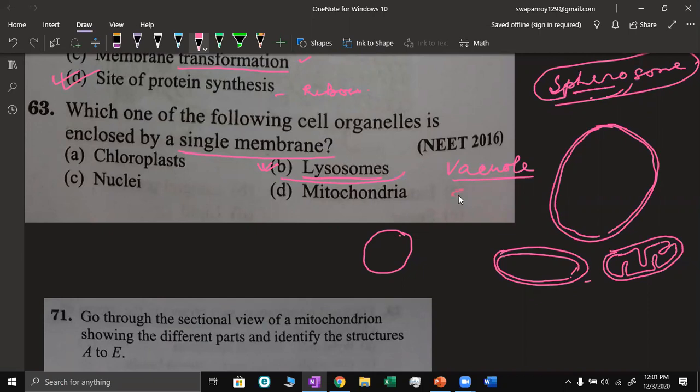What is it called? Tonoplast, the membrane of vacuole. So vacuole and lysosome have a single layer of membrane. Besides these, some other structures are also there, like small vesicles, spherosomes. They are single layer.